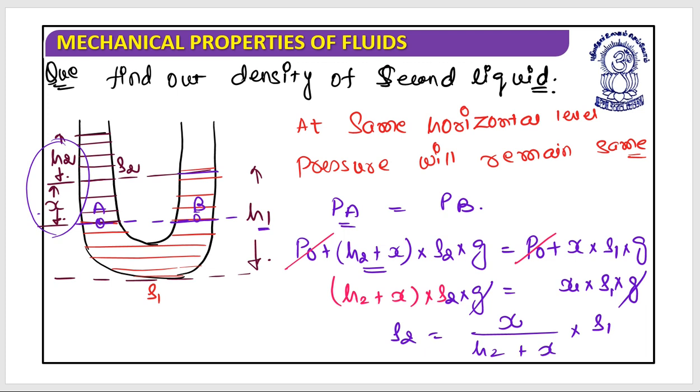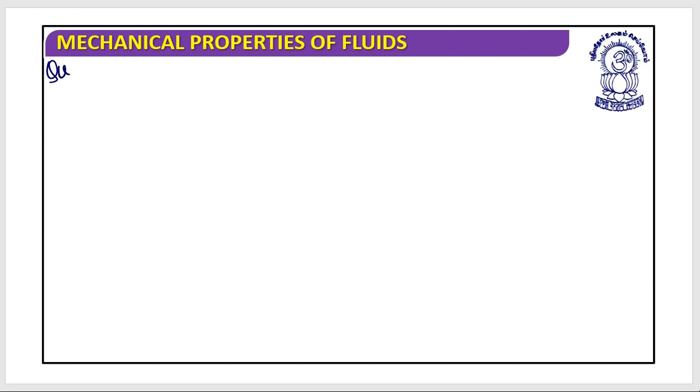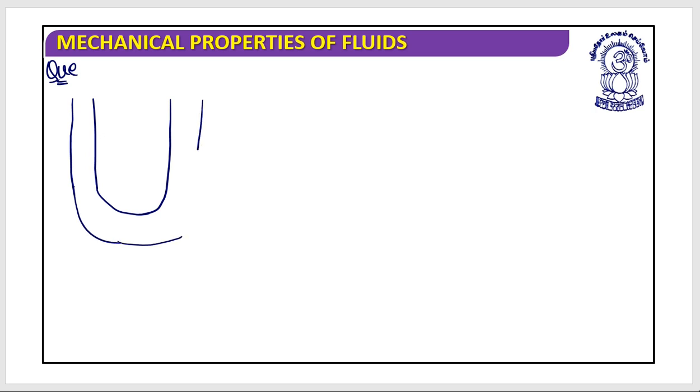Now, will you be ready with one more question? Let's have a look. Let's suppose a U-shaped tube has been given, and now in this U-shaped tube we have three different liquids.